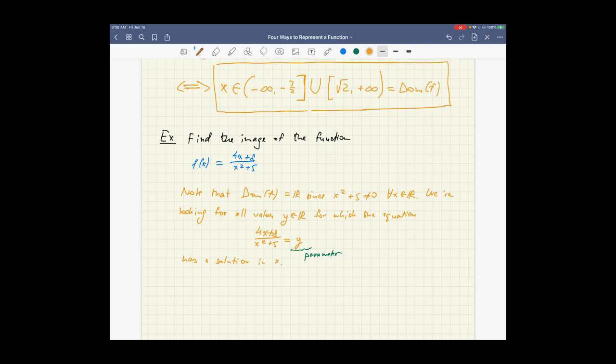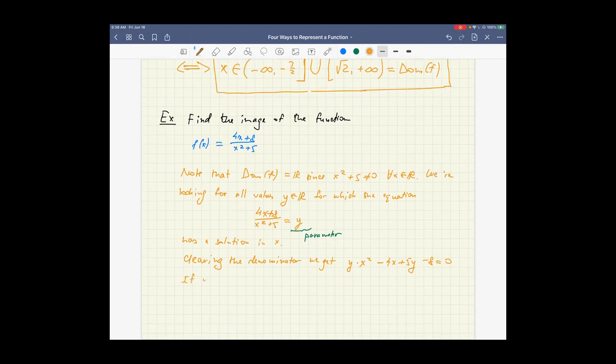Now, if we multiply both sides by x squared plus 5 to clear the denominator, we get y times x squared minus 4x plus 5y minus 8 equals 0, which is a quadratic equation in x if y is not 0.